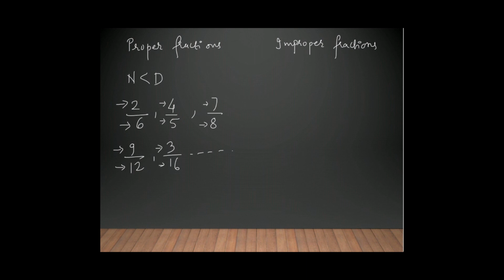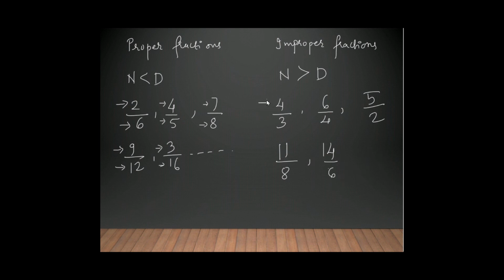And you have improper fractions, which is just the opposite of this. That means the numerator is greater than the denominator. So for example, I have 4/3, then 6/4, 5/2, then 11/8, or 14/6, something like that.